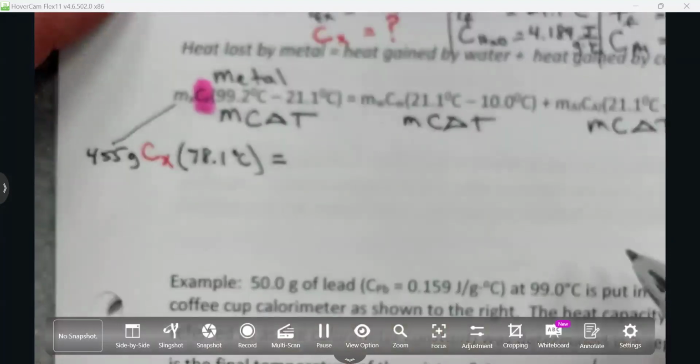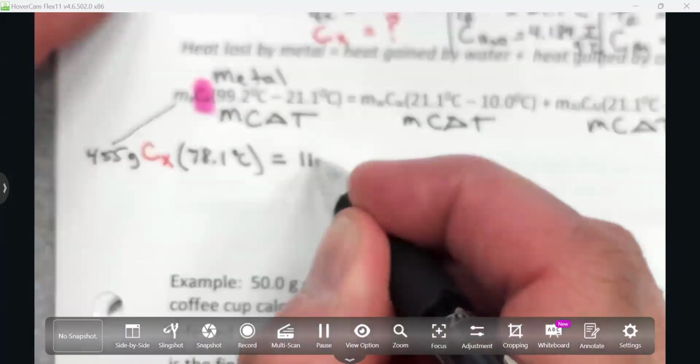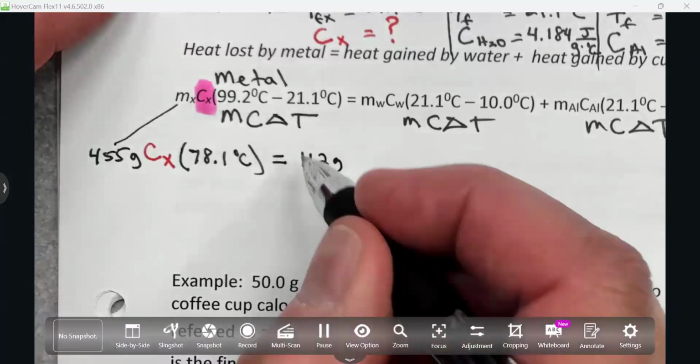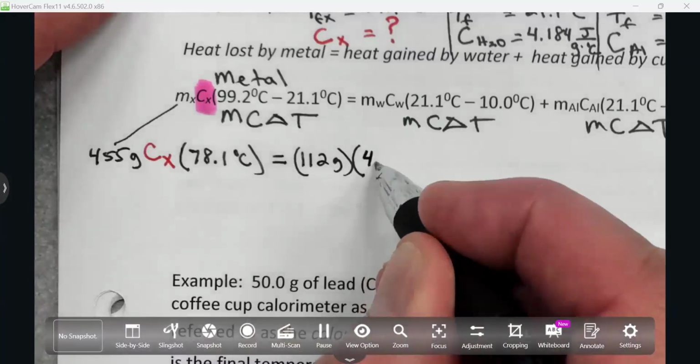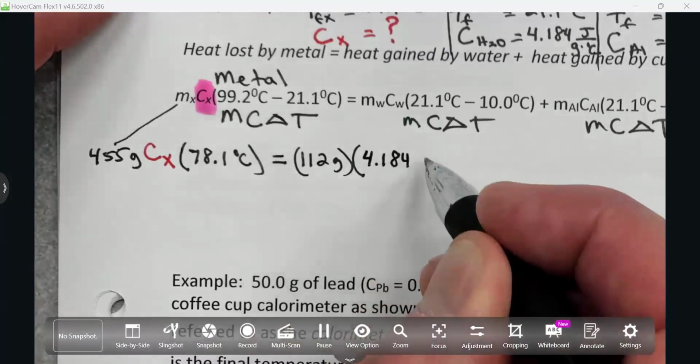My mass of water is 112 grams. My specific heat of water, 4.184.